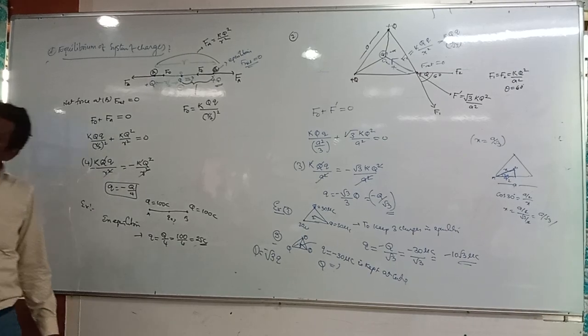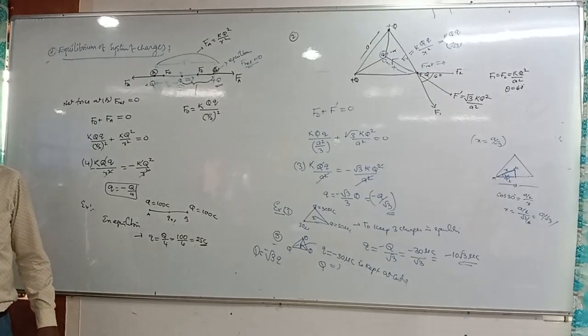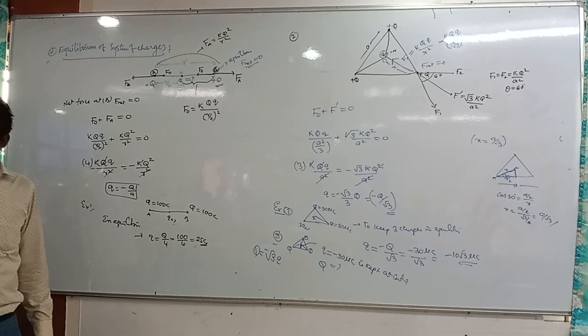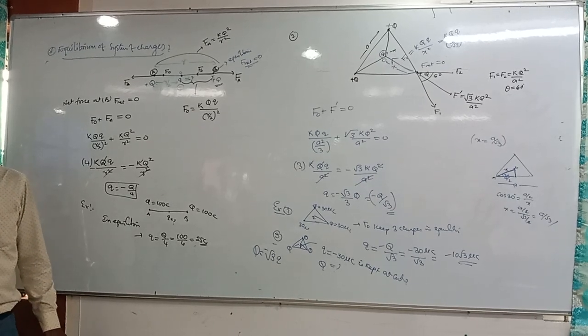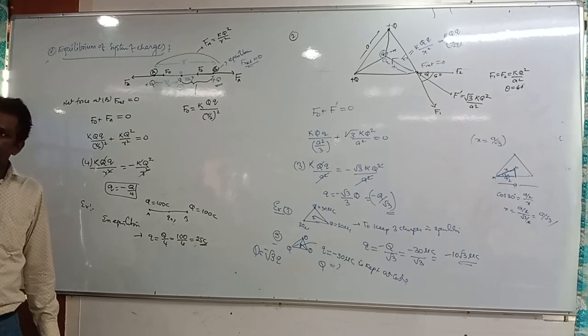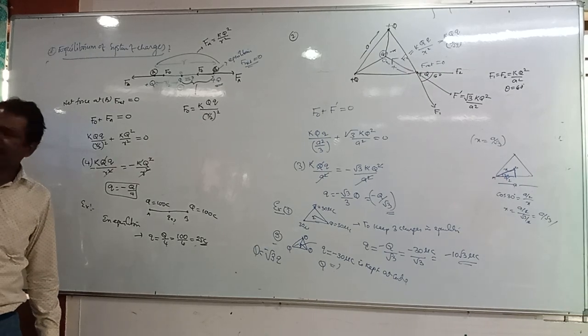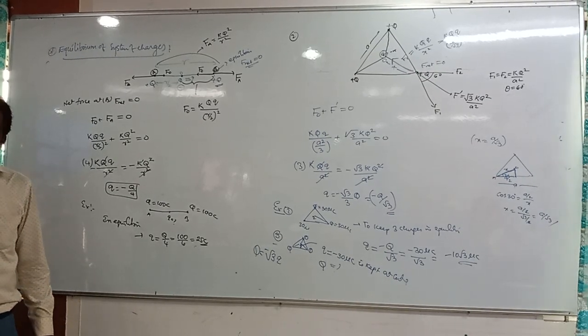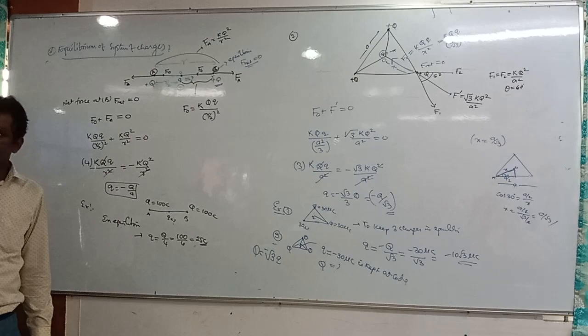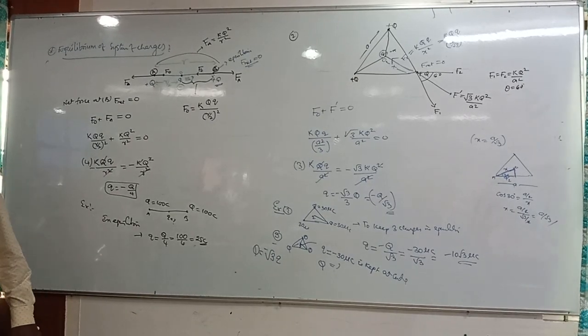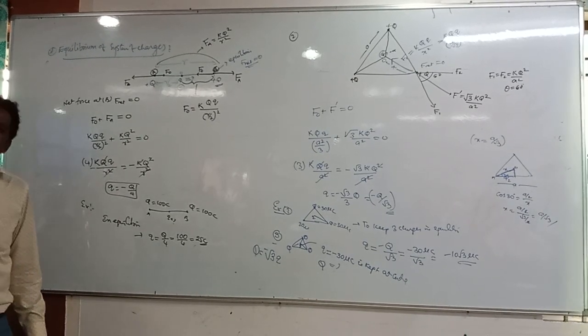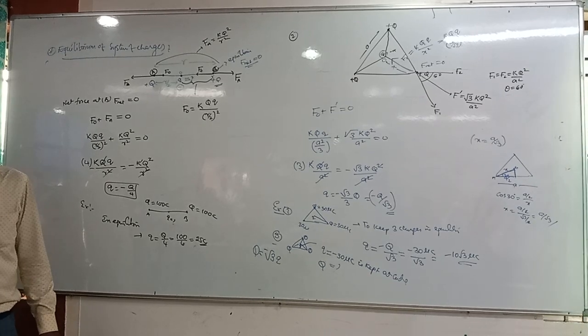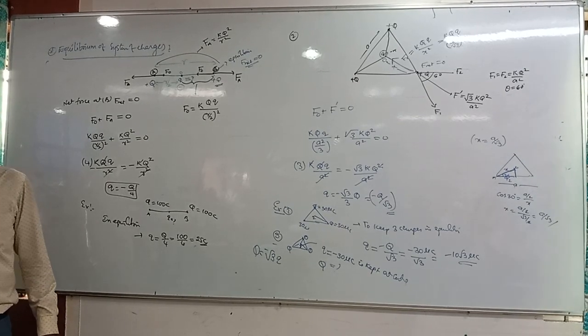And find out for 4 charges which are taken on the corners of a square, right? Find the Q required to keep the charges in equilibrium. Find out. Already you know the net force acting on any one of the charges, isn't it? You calculate yourself.